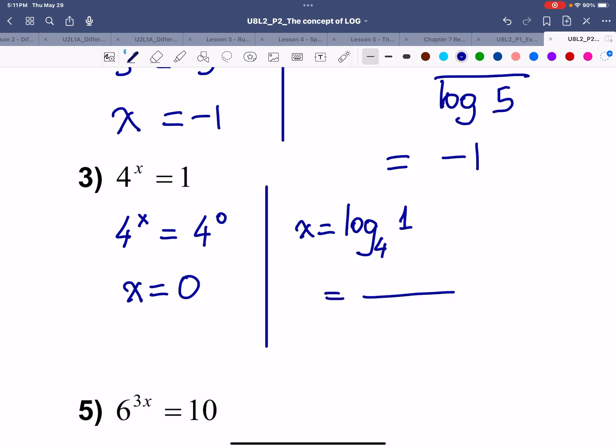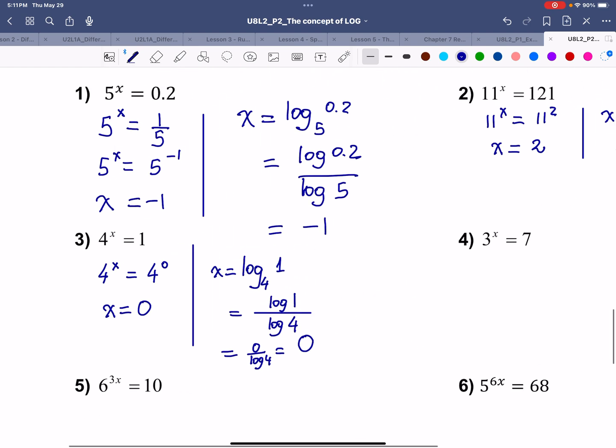And that would be equal to, so we said that what's inside the log stays up here, what's in the base stays down, and then you stick a log to both of them. Log of 1 is equal to 0, and log of 4 would be whatever number it is, but we know for sure that 0 divided by log 4 would be equal to 0.